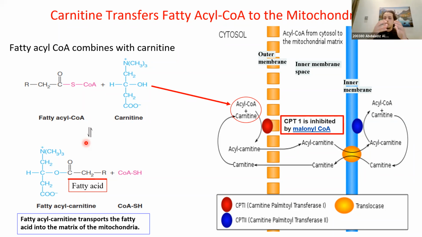Once it has entered the matrix, CPT2 will cleave the carnitine and allow the CoA to reattach onto the fatty acid. So essentially the carnitine is being reused. It brings in a fatty acid, is cleaved by CPT2, and is reused for any new fatty acid.